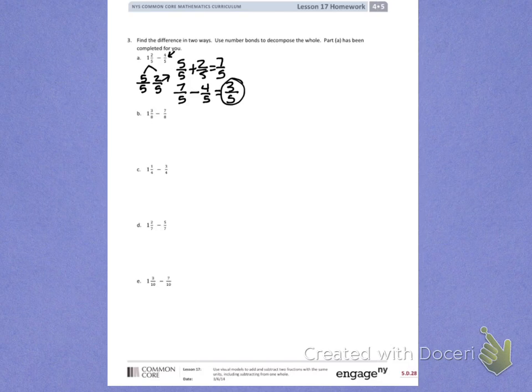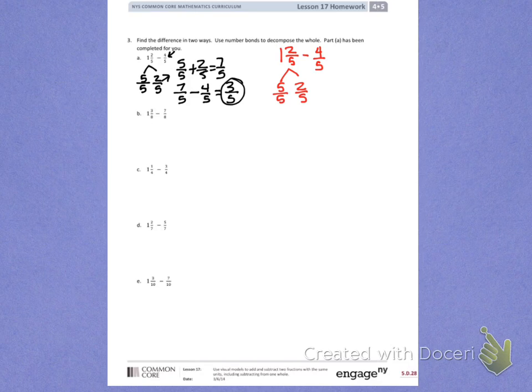Let's try the second way, and I'm going to change colors so we can keep that separate. I'll rewrite my problem so we can work with it. It's 1 2/5 minus 4/5. A second way of looking at this is decomposing this into 5/5 and 2/5.